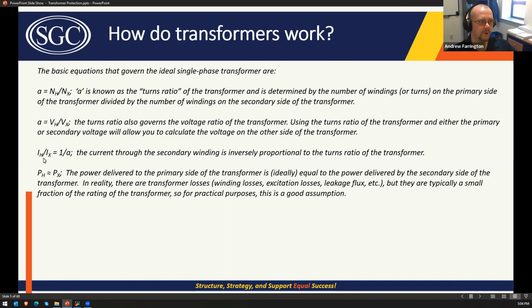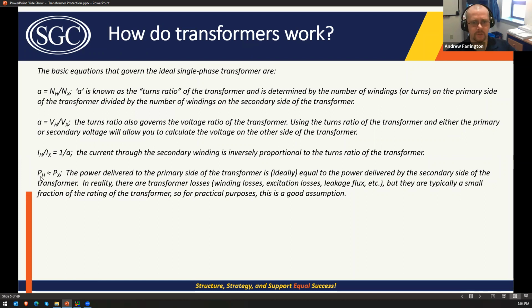And the current is the inverse of the turns ratio. So you have constant power in and constant power out, more or less. In an ideal transformer, that's what it is. And as the voltage on one side increases, the current on that side decreases by a proportional amount.